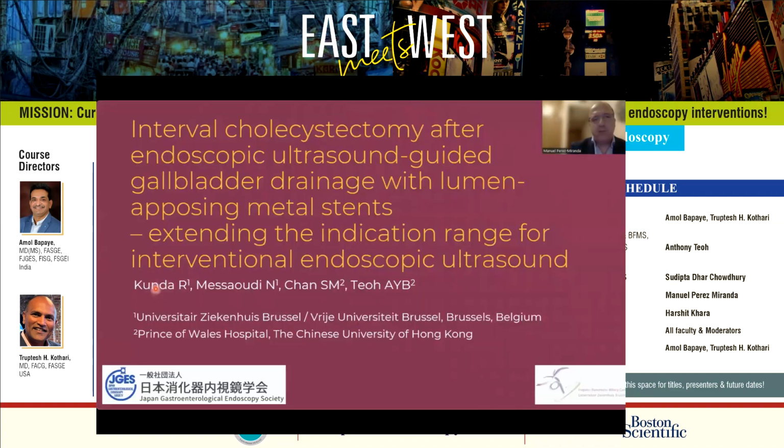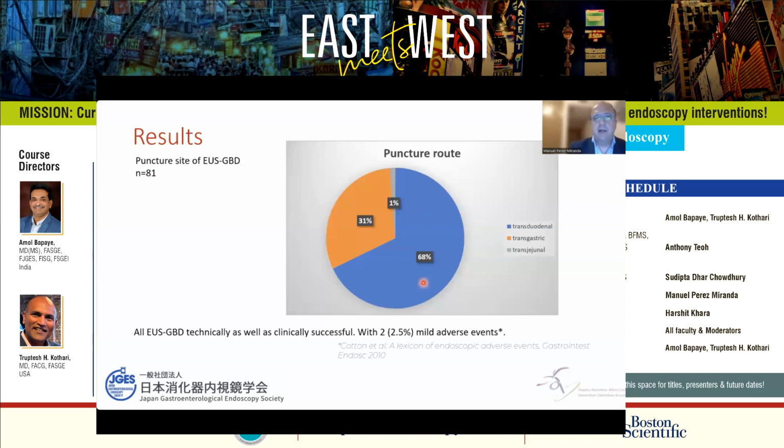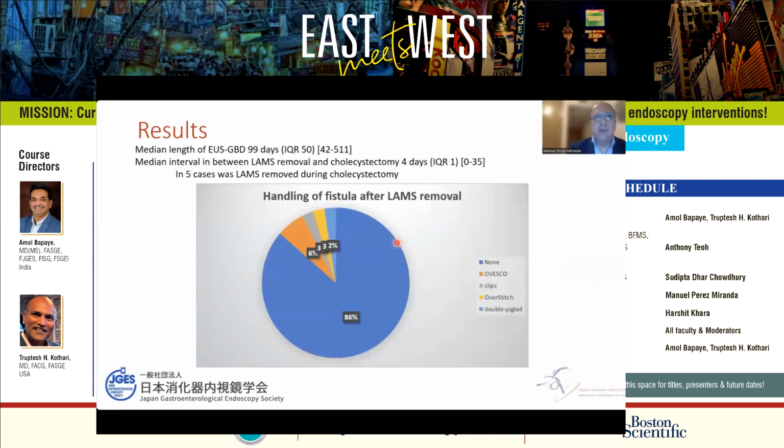So these are patients combined from Brussels and Hong Kong, 81, mostly undergoing transduodenal gallbladder drainage and then cholecystectomy. LAMS were removed a median of 4 days before cholecystectomy, and the fistula was usually left as such, no closure.